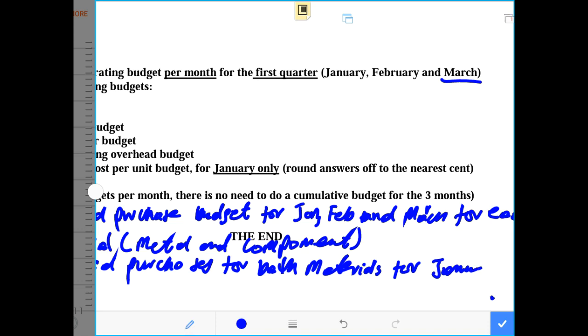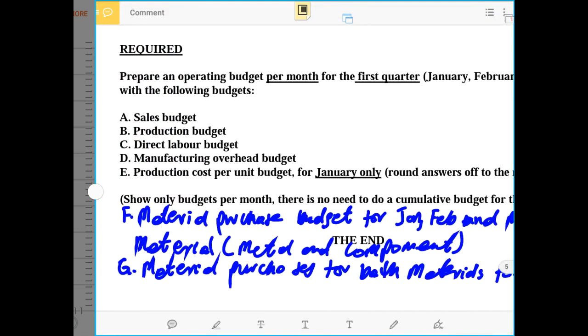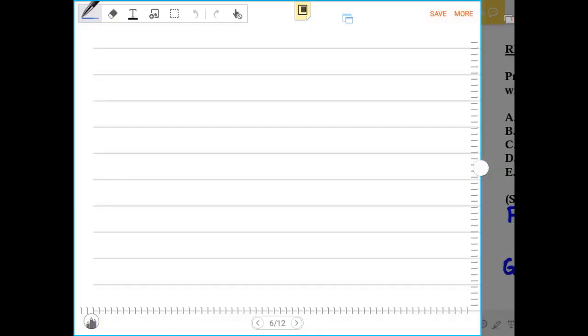These are the 2 requirements that I have added because they are very important, though we are not required to do them. Now I will start with the material purchases budget, number F, for the first material, being metal.